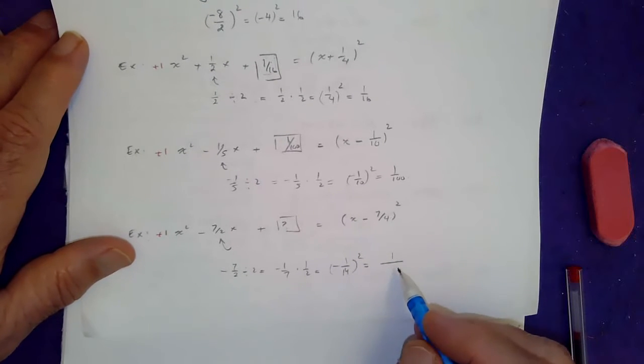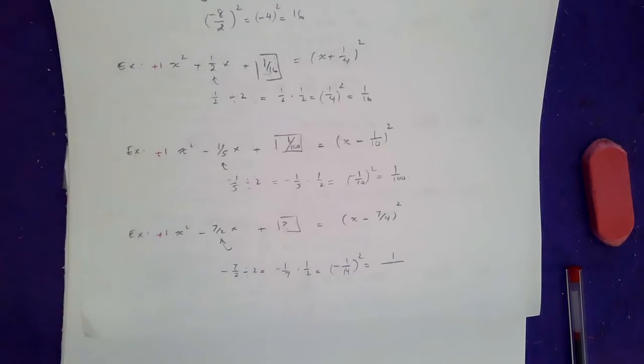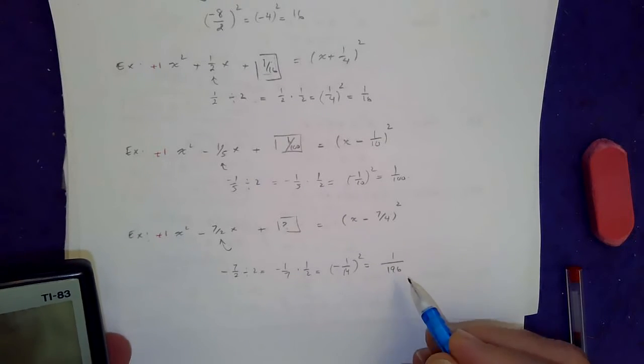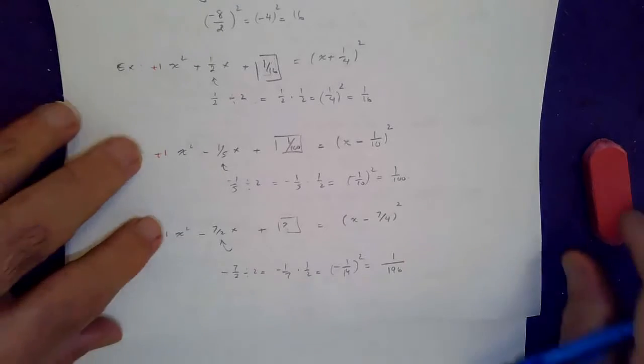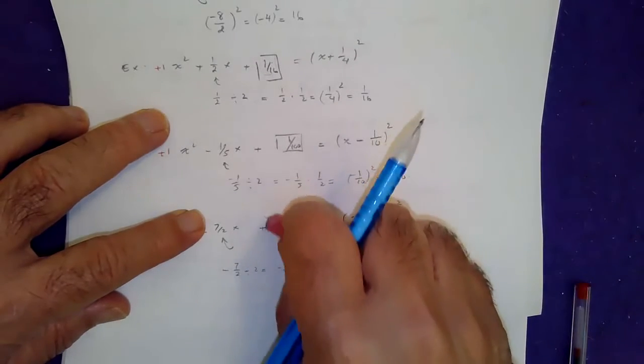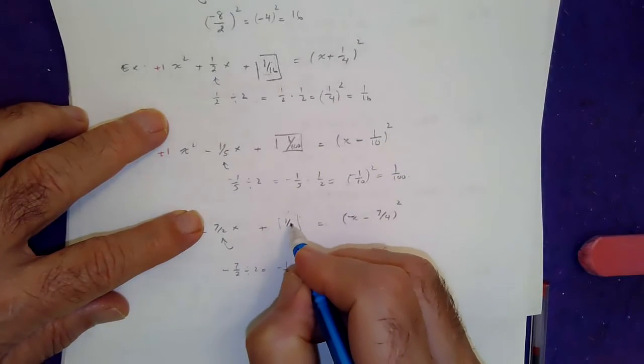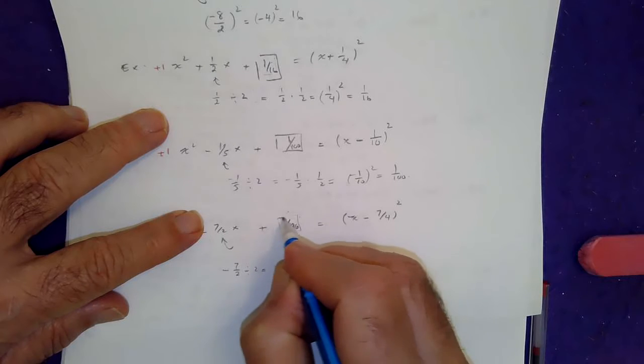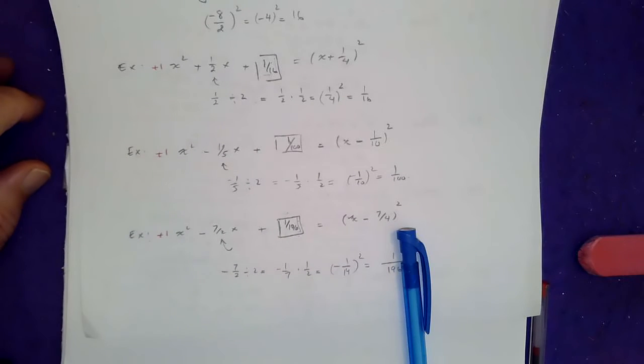That's 1 over, what is this? That's like, what? 14 squared, which is 196. So that magic number, which goes inside this box here, is 1 over 196. Yeah, we see it.